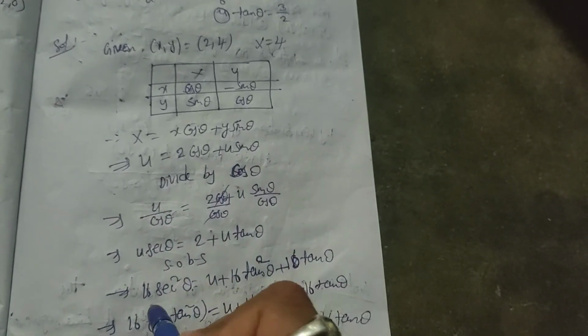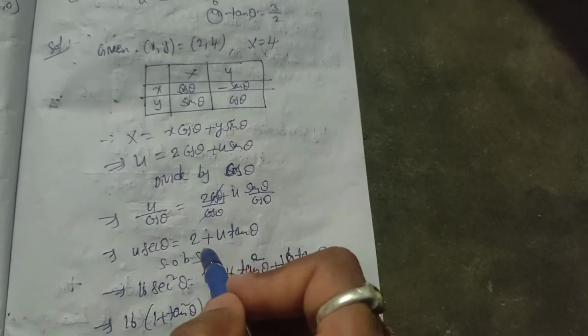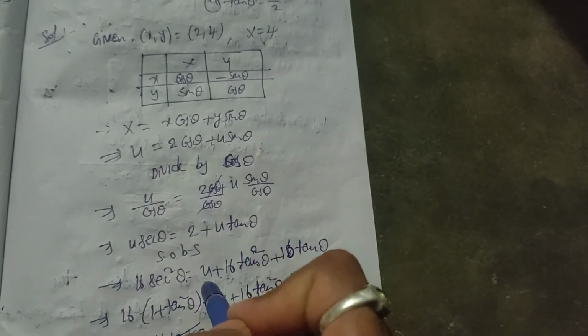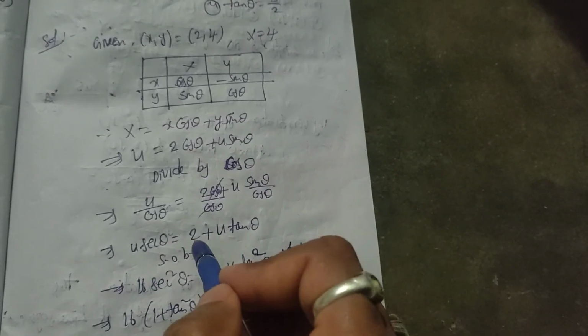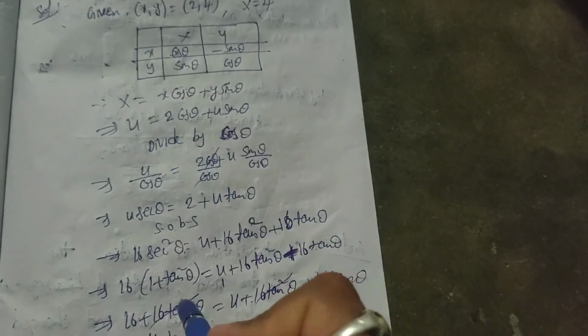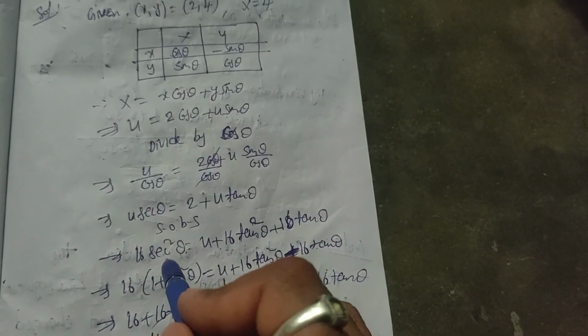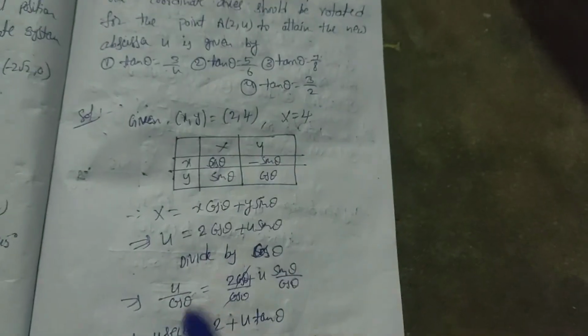Squaring on both sides, we get 4 square, that is 16 secant square theta, is equal to (a plus b) whole square. A square means 4, b square means 16 tan square theta, plus 2ab, 2 into 2 into 4 into 4, that is 16 tan theta. Now we convert secant square theta in terms of tan theta, because the given options are in tan theta only.